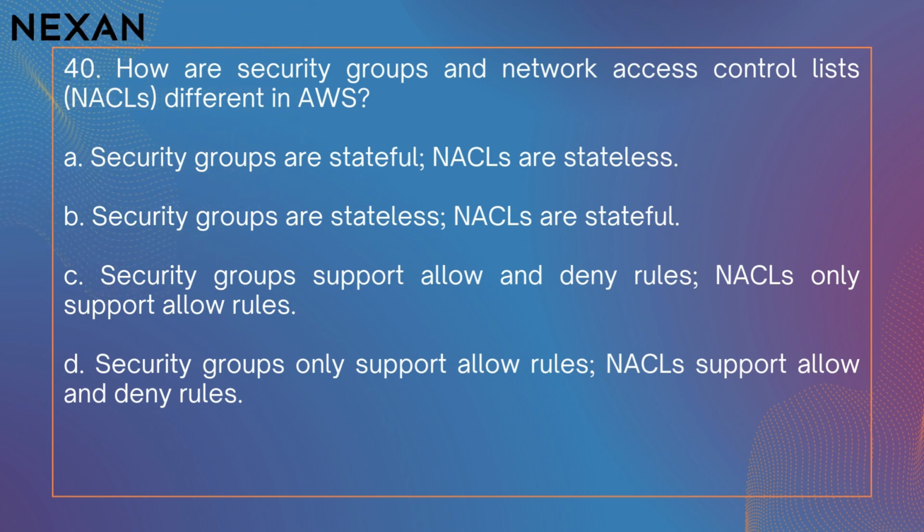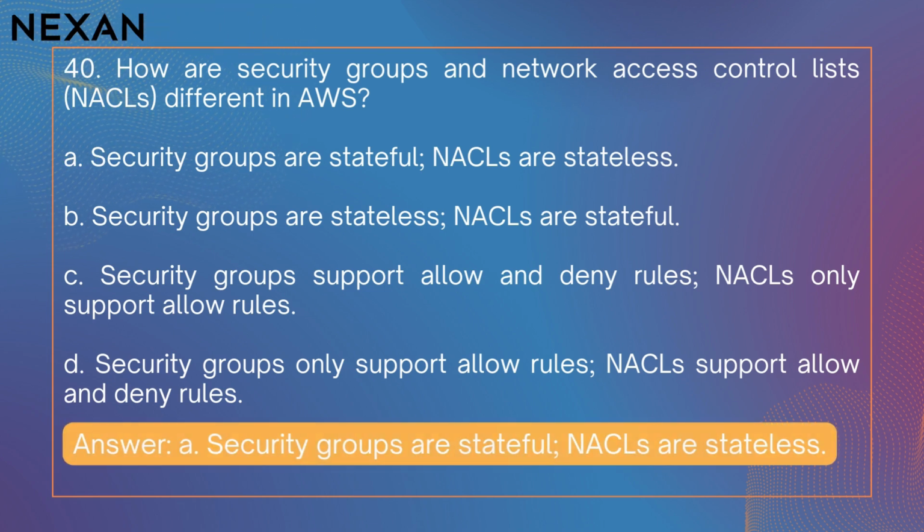C. Security groups support allow and deny rules. NACLs only support allow rules. D. Security groups only support allow rules. NACLs support allow and deny rules. Answer A. Security groups are stateful. NACLs are stateless.